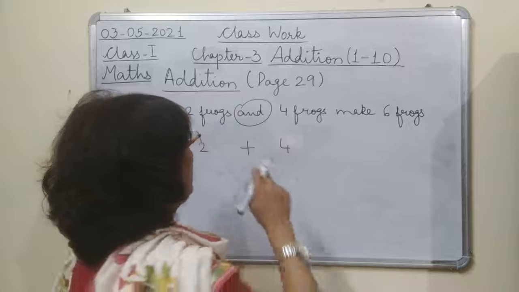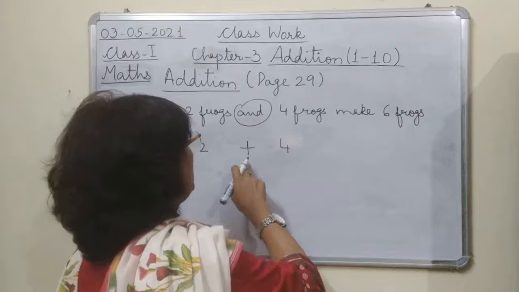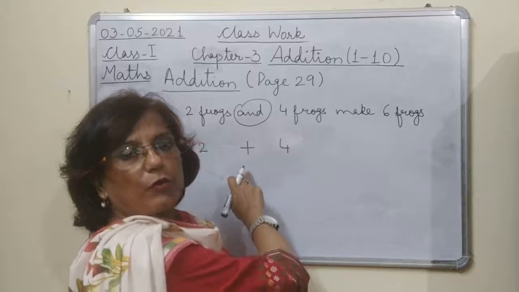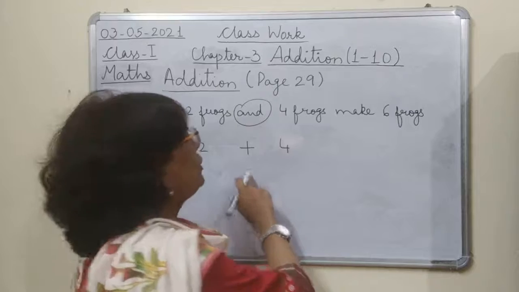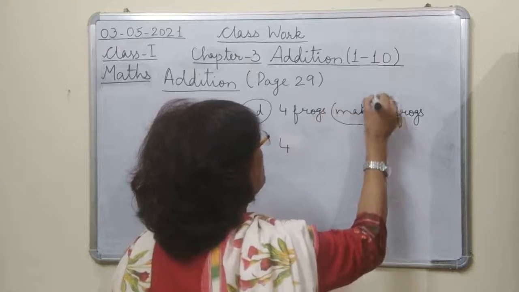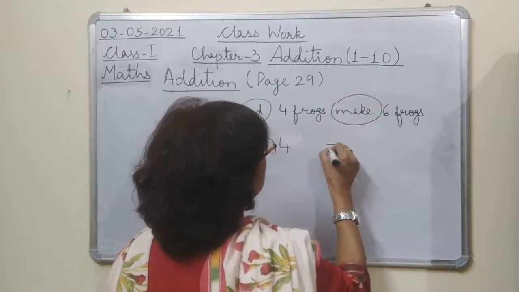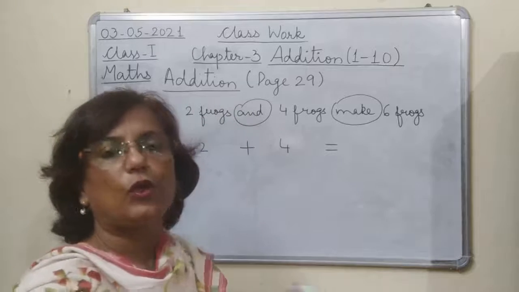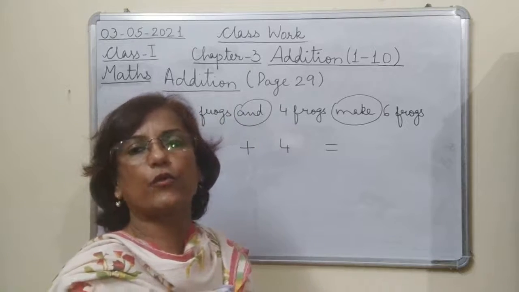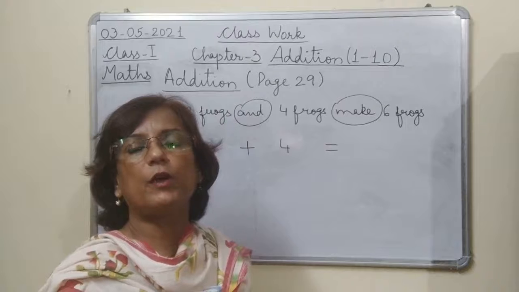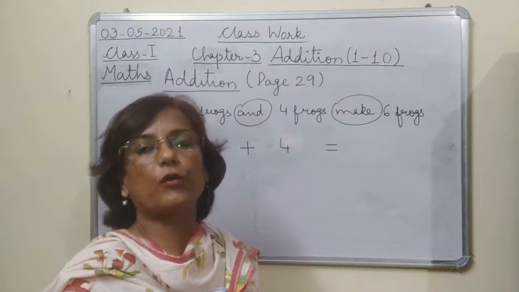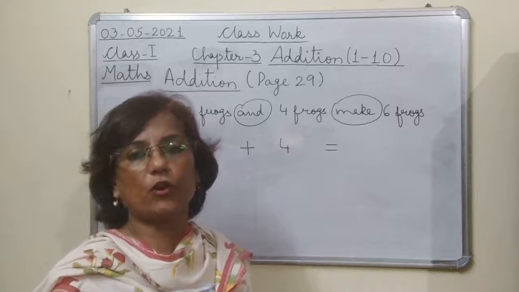So in place of and I have used the symbol of plus, symbol of addition. This is symbol of addition. And in place of make we use the symbol of is equal to. 2 frogs and 4 frogs make 6 frogs, मतलब 2 frogs और 4 frogs मिल करके 6 frogs बनते हैं.